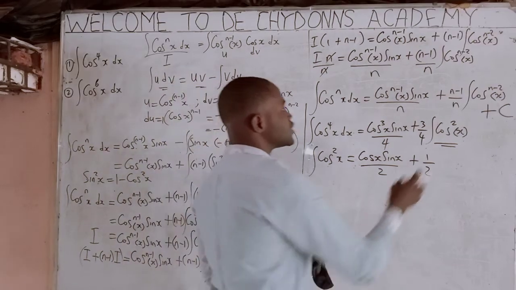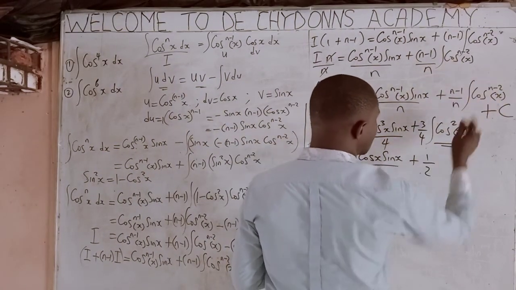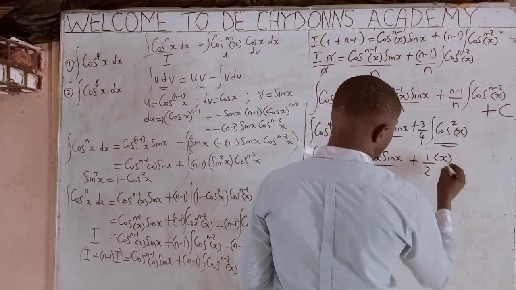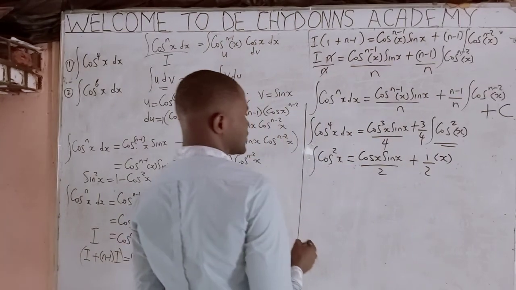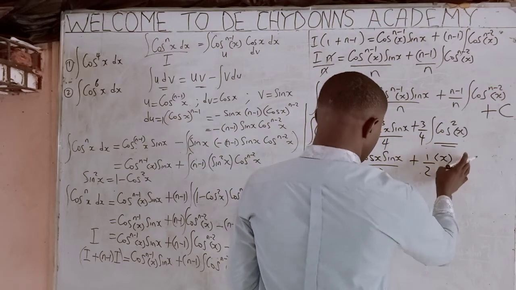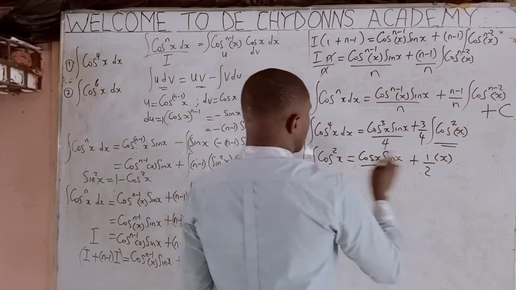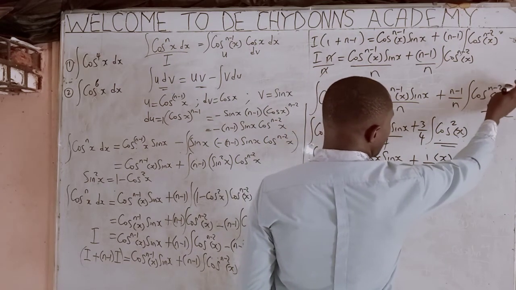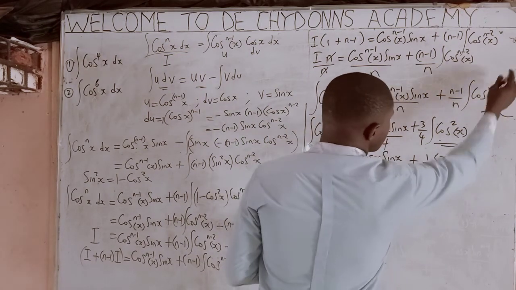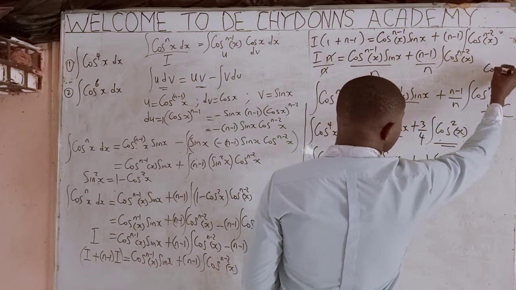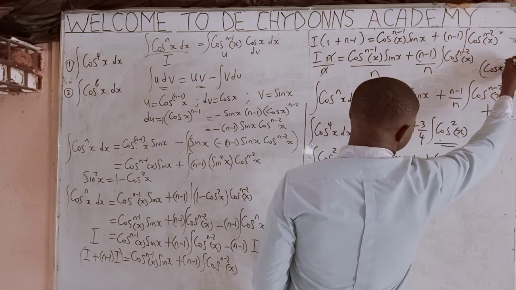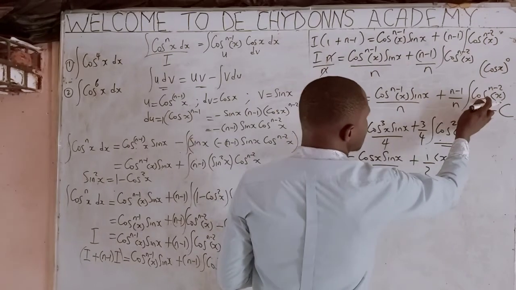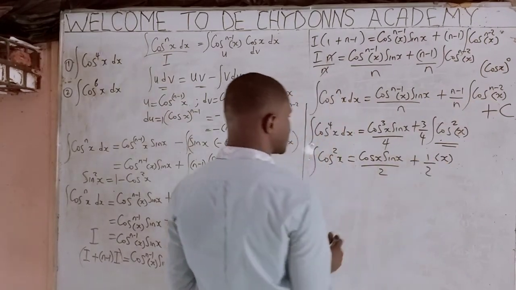So cos x raised to the power of 0 is 1. Integrate 1, it will give you x.